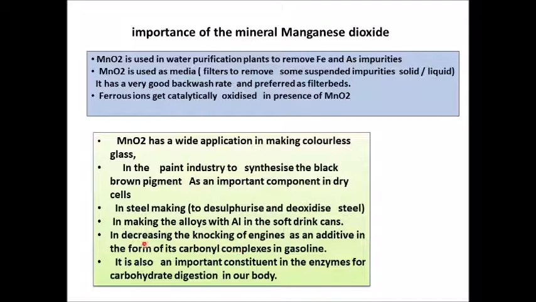It is also used to decrease the knocking of engines, as an additive in the form of its carbonyl complexes in gasoline. It is also an important constituent in the enzymes for carbohydrate digestion in our body. So you see, MnO2 is a very important compound of the d block.